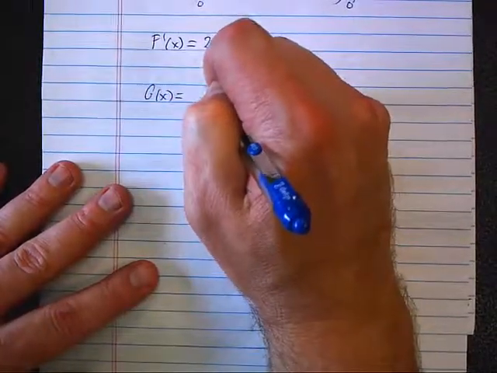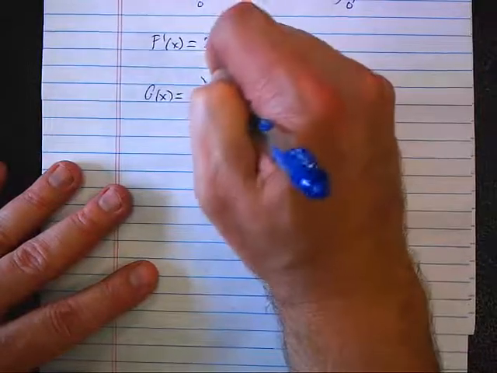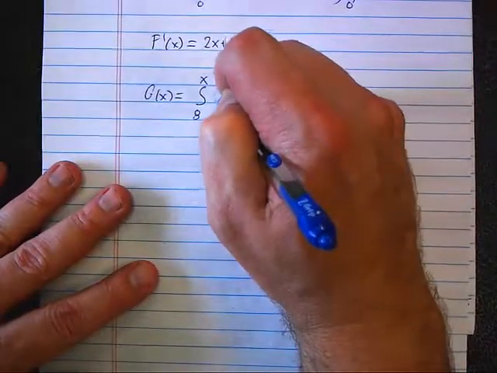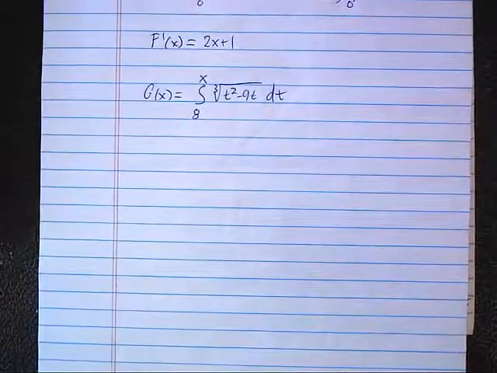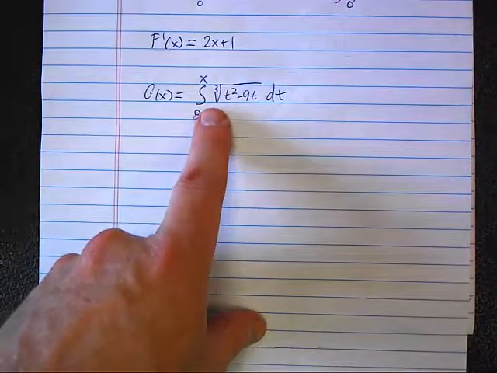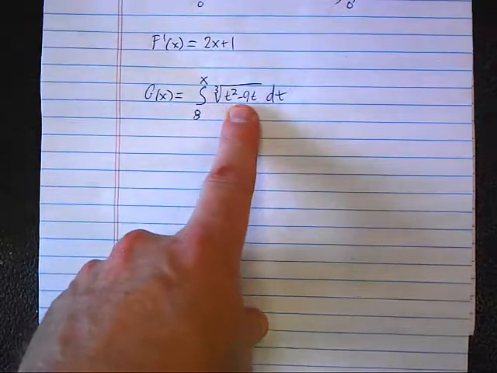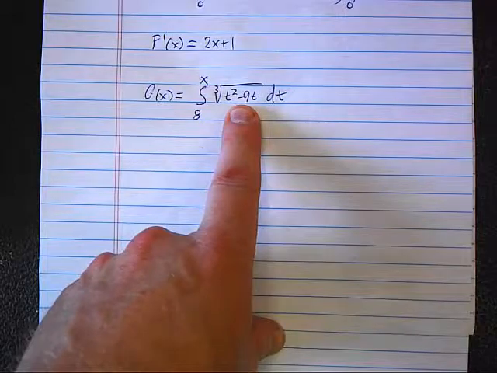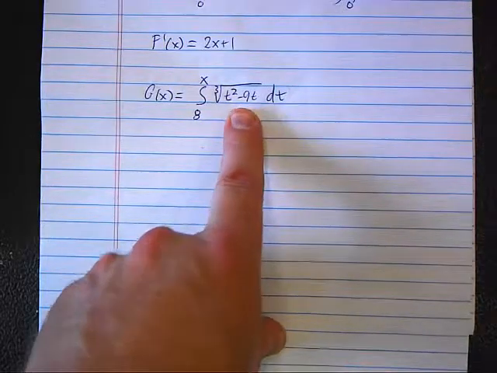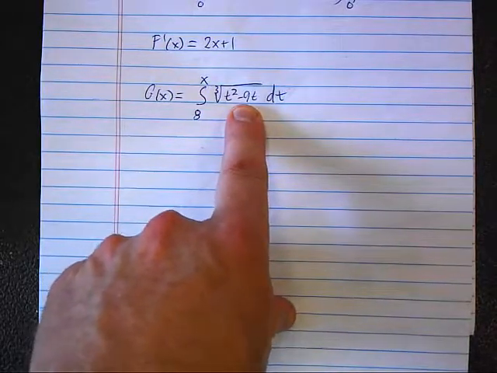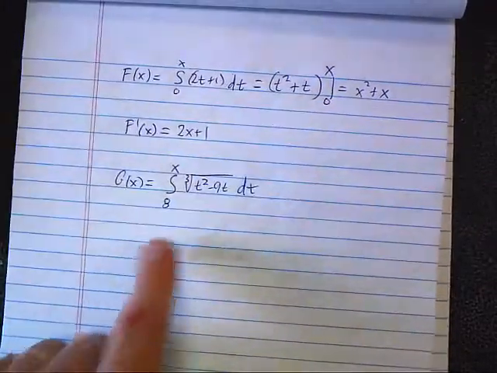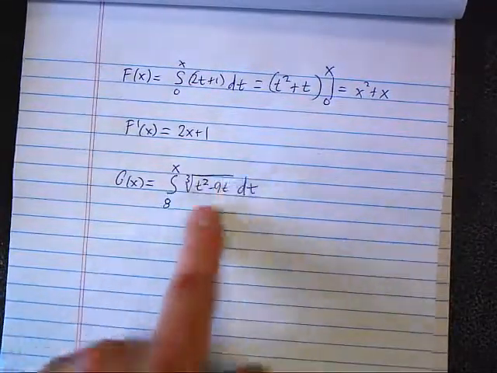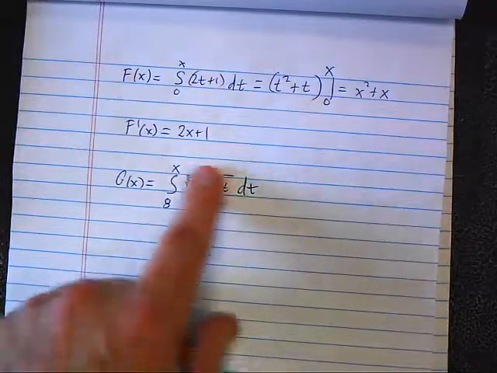G of x equals the integral from 8 to x of the cube root of t squared minus 9t dt. How do you find the antiderivative of the cube root of t squared minus 9t? I don't want to. I'm not even sure I can. So this problem could not be done the same way I did that first problem, because I don't know that I have a method for finding the antiderivative of that function.